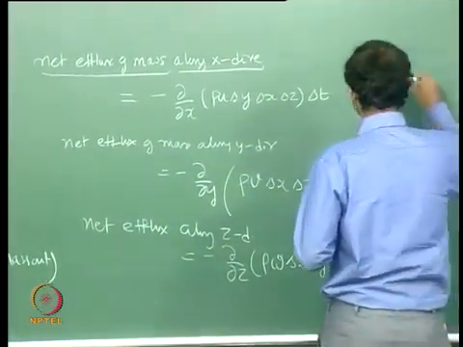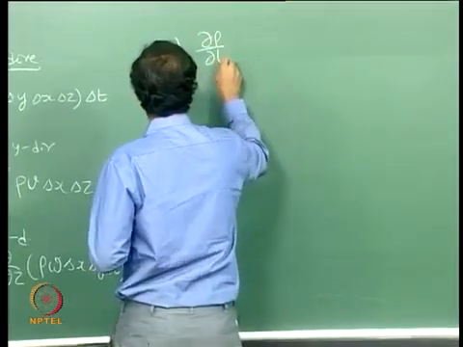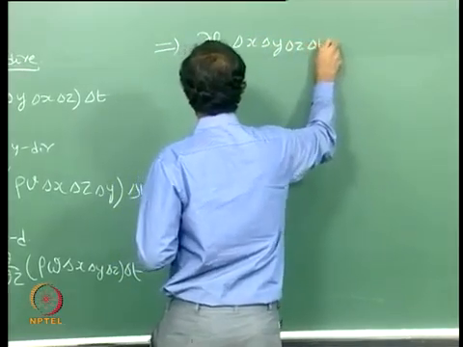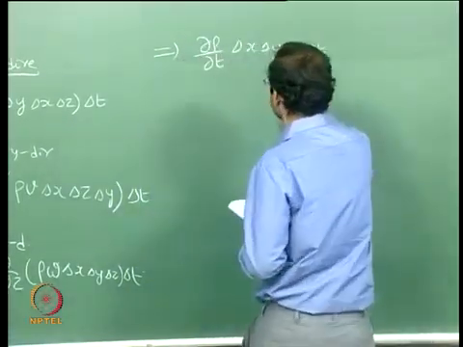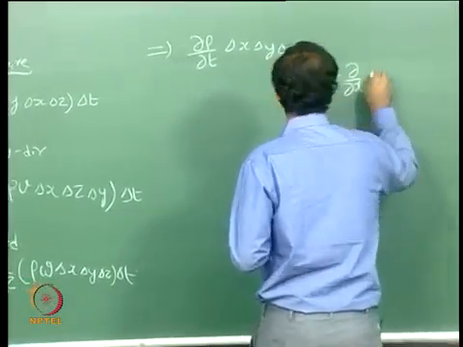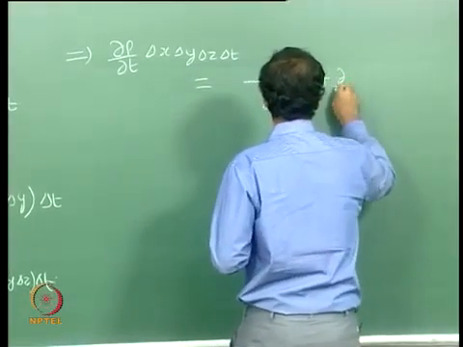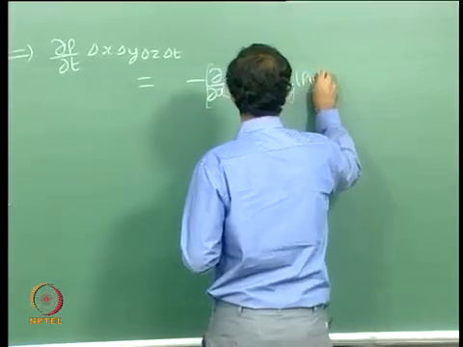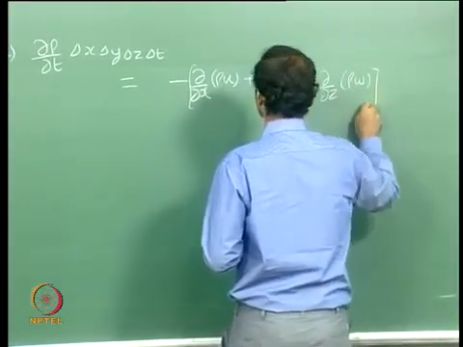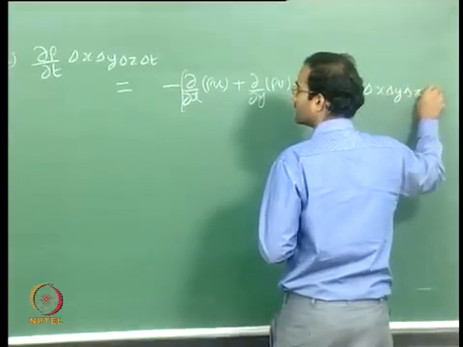So that should give me d rho by dt into delta x delta y delta z delta t on the left hand side, equal to minus d by dx of rho u plus d by dy of rho v plus d by dz of rho w, multiplied by delta x, delta y, delta z, delta t.